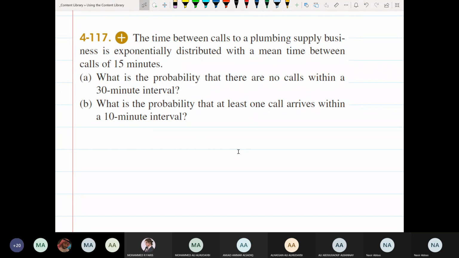Is the question about time until first call, or is it about number of calls? Number of calls.